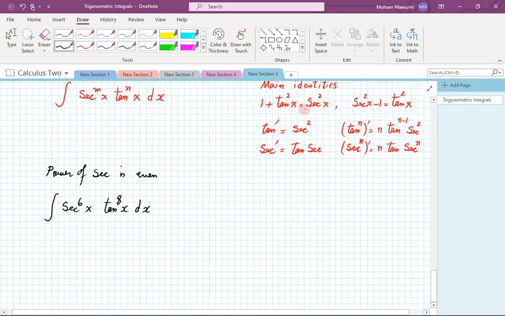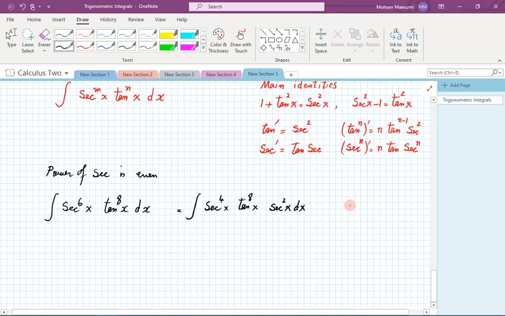For this to work, and for us not to get stuck inside a radical, it is necessary for this power to be even. Let's see how this works. We separate a secant square, which is going to play the role of our du. We are left with secant to the power of 4 of x, tangent to the power of 8 of x.